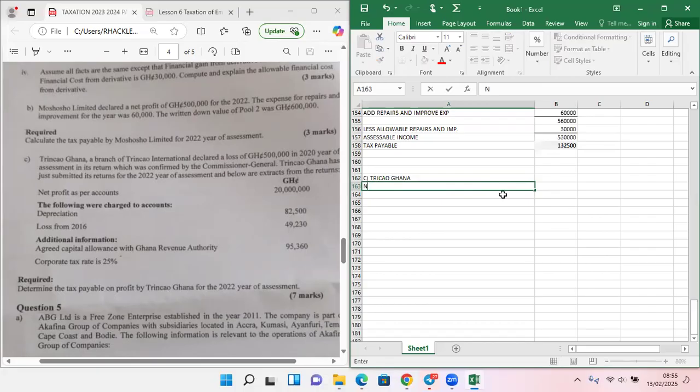We start with the net profit, 20 million.